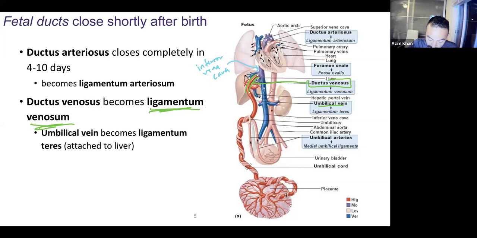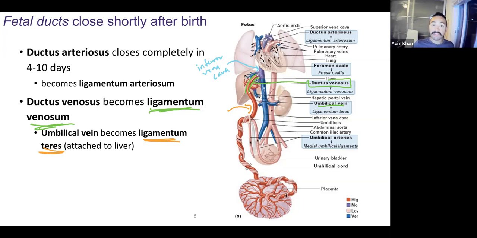Remember, the umbilical vein will still be there. The umbilical vein shrivels up and becomes the ligamentum teres. It's this extension hanging off of the liver that connects to the inner portion of your umbilicus, your belly button. When you're born, you cut the umbilical cord, and that'll eventually shrivel up and fall off.